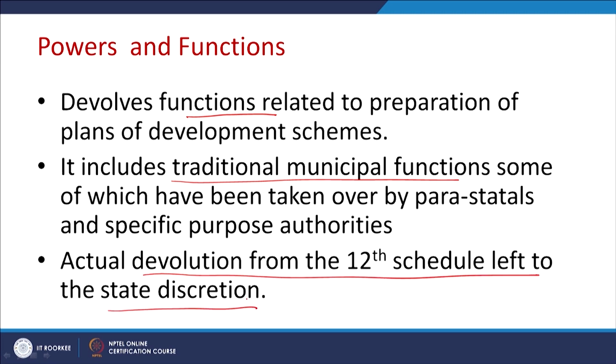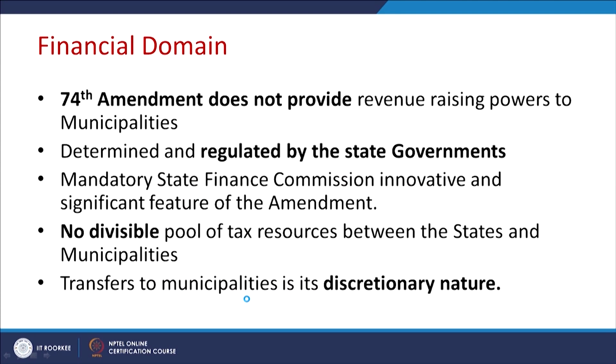government's discretion. But as a matter of fact, the 74th Amendment does not provide revenue raising powers to the municipality, because it depends on the state government whether it is determined and regulated or not. The provisions for the State Finance Commission and the Central Finance Commission are there in the 74th Amendment.